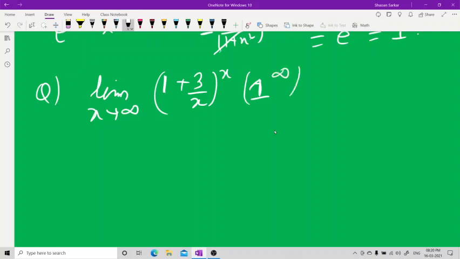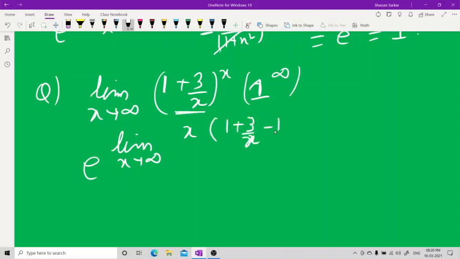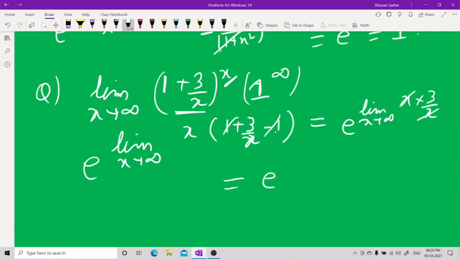So here now you can see I can use limit x tending to infinity f(x) to the power g(x), which is e to the limit of g(x) into f(x) minus 1, because this is f(x), this is your g(x). This is e to the limit x tending to infinity, 1 and 1 cancels out, x into 3 by x. Now this x and x cancels out. This is e cube.